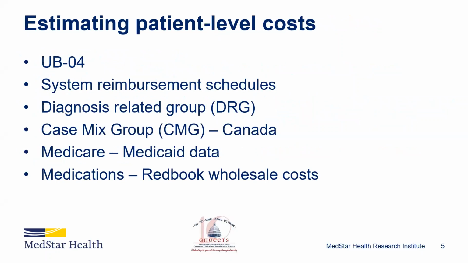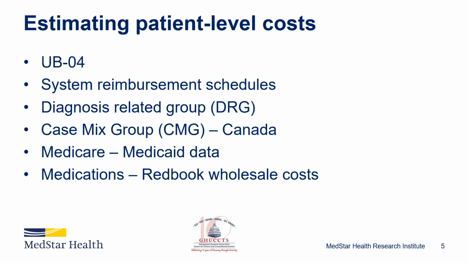So when we estimate patient level costs, there are different ways of doing this. A UB04 is, I think, a list of hospital itemized costs, but that's fairly difficult to get. We can find published reimbursement schedules. For example, in the US, there's what's called diagnosis related group.